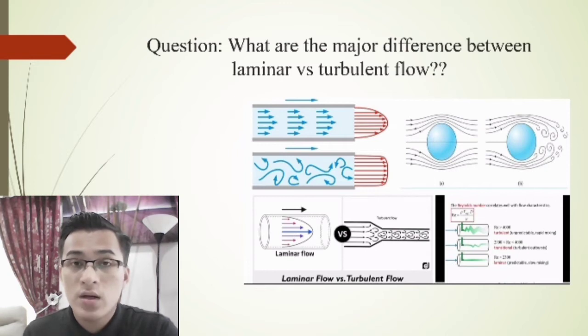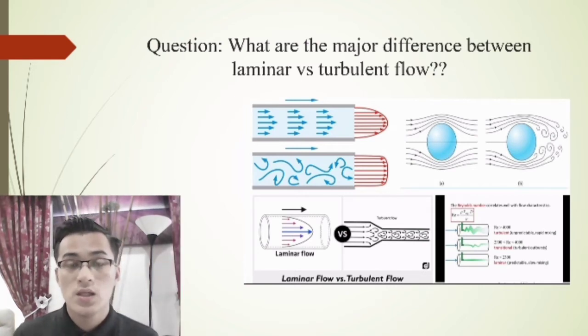If the Reynolds number is less than 2000, it's laminar flow, and if the Reynolds number is more than 4000, it's turbulent flow. That's all from me. Thank you.